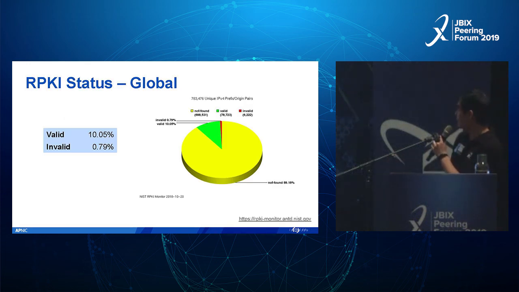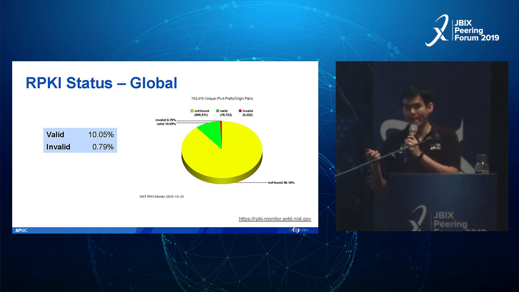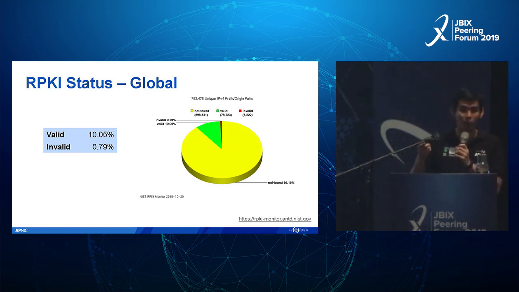So in the RPKI stats globally, we have around 10% valid routes, but around 0.8% invalid routes. From our observation, we are seeing more and more invalid routes gradually increasing. So what does this mean?